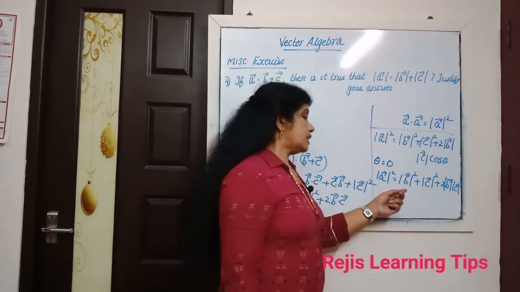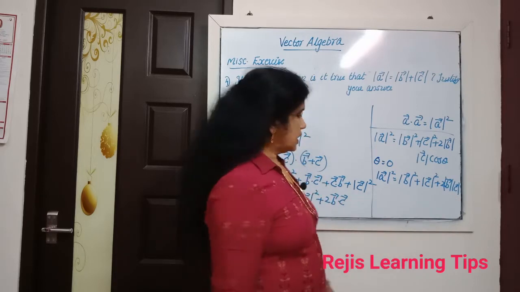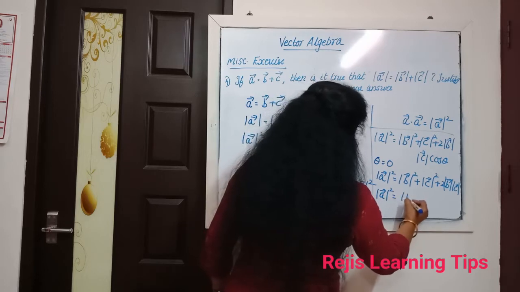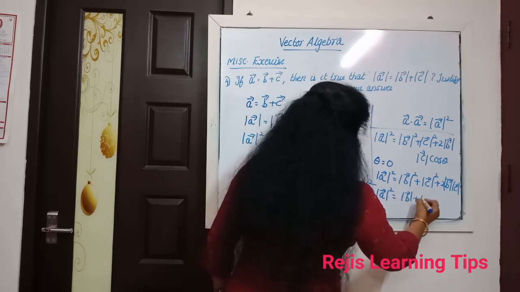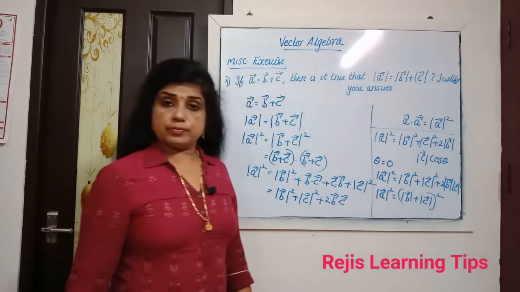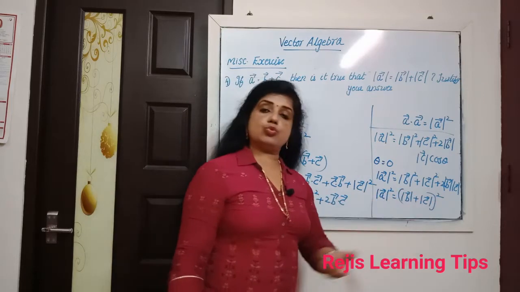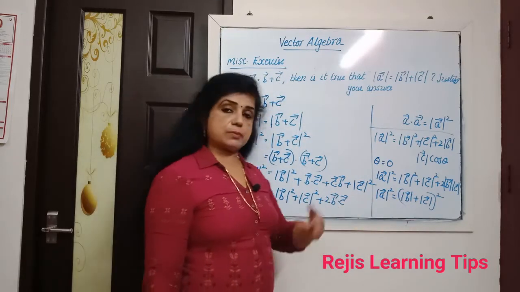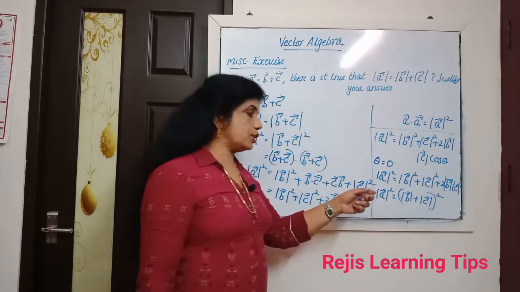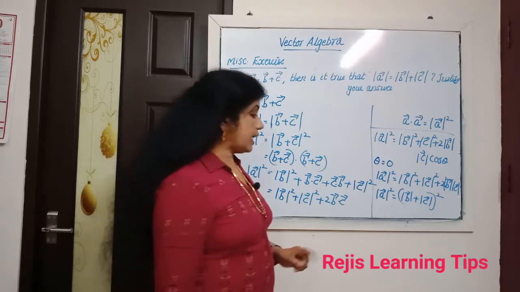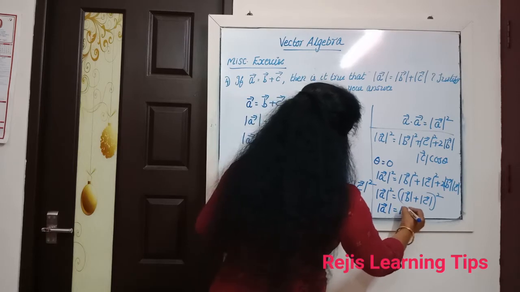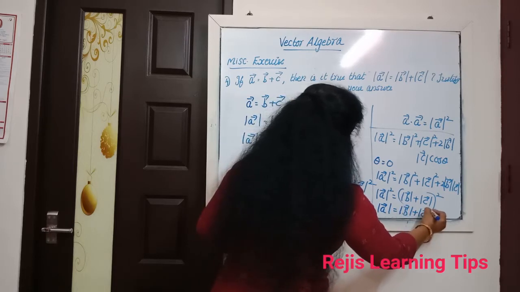So we can write B square plus C square plus 2BC, which is equal to magnitude of vector B plus magnitude of vector C the whole square. Am I correct? This is like A square plus B square plus 2AB equal to A plus B the whole square. So magnitude of vector A square is equal to magnitude of vector B plus magnitude of vector C the whole square. Then magnitude of vector A is equal to magnitude of vector B plus magnitude of vector C.